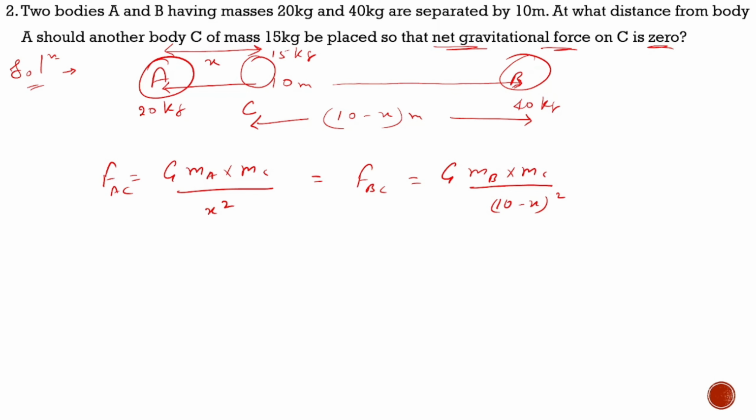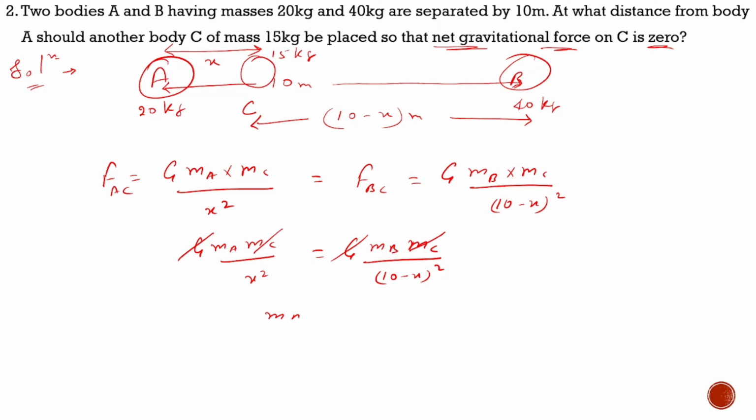So let us equate both the equations. We have G MA into MC by X square equals G MB into MC by 10 minus X whole square. So G will be cancelled out from both sides and MC will also be cancelled out.